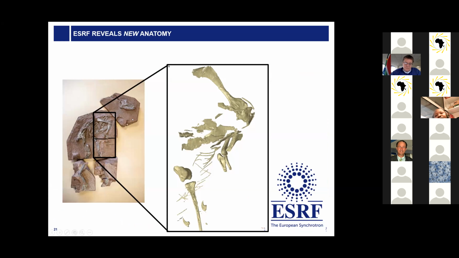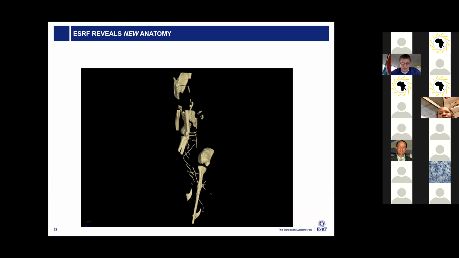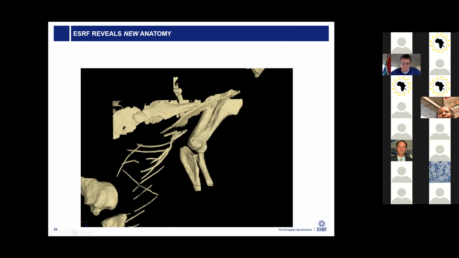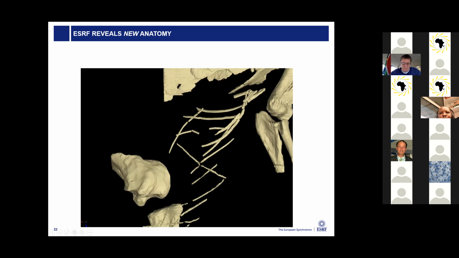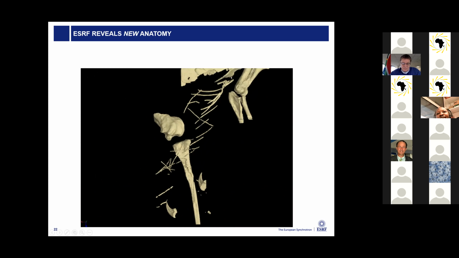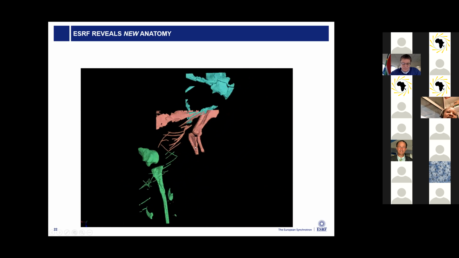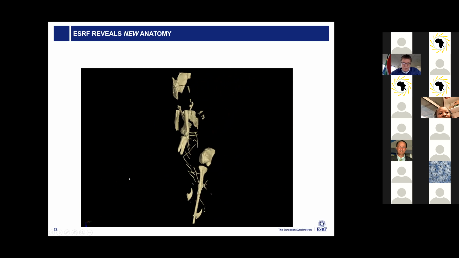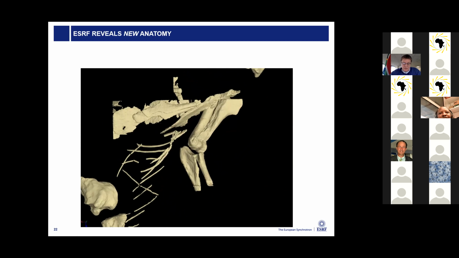After tomography was done at the ESRF and segmentation, this is the specimen after extraction and segmentation. Showing it in a movie, you can see the limb bones, the gastralia, the ribs and all the features in this particular specimen.